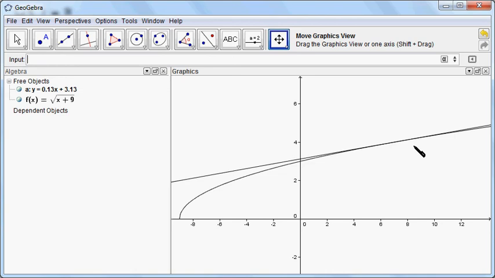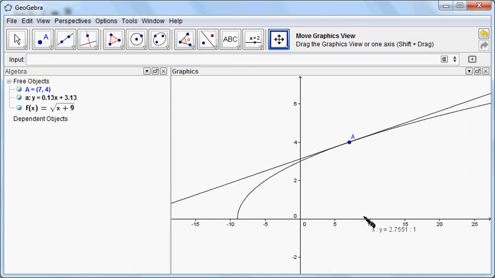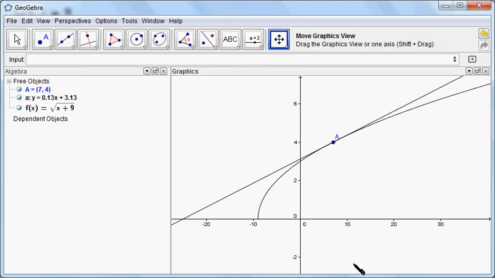You can see that at 7, 4, which is right here, we have a point. 7, 4 is the point of tangency. You can see that we have the correct tangent line. All right, so that's it. I hope that this was clear.